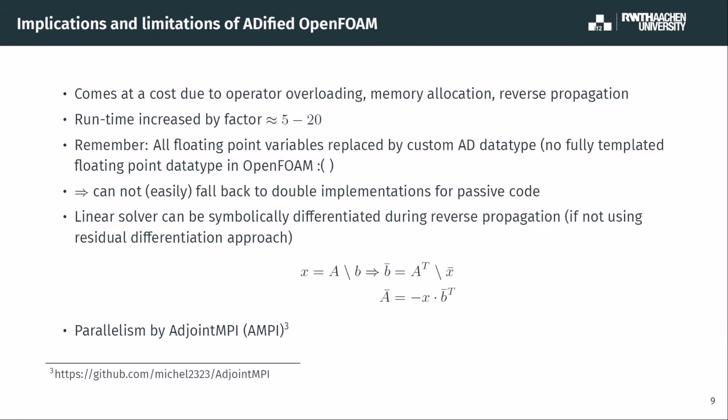And then if we have this solution, this is a vector, we can form an outer product between our primal solution X and this adjoint solution we just calculated and get an adjoint matrix A, which still is sparse in our case. We also implemented parallelism in there, which we do with adjoint MPI, called AMPI.